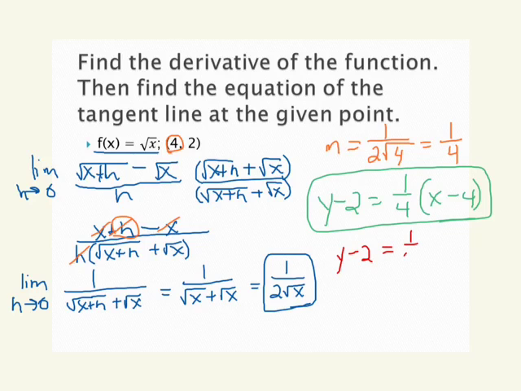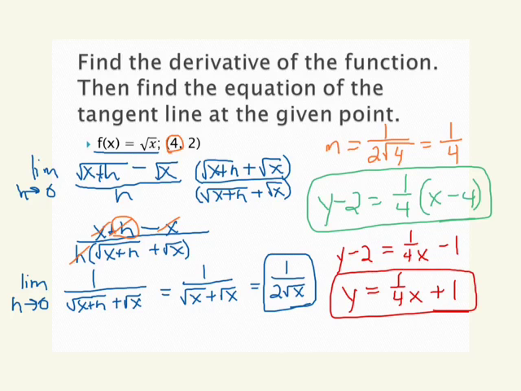So I'm going to get 1/4 x, and 1/4 times a negative 4 is going to give us a negative 1. Add 2 to both sides, so we end up with the equation y is equal to 1/4 x plus 1. And there would be our equation in slope-intercept form. All right? So that is the derivative and the equation of the tangent line, all pretty simple.